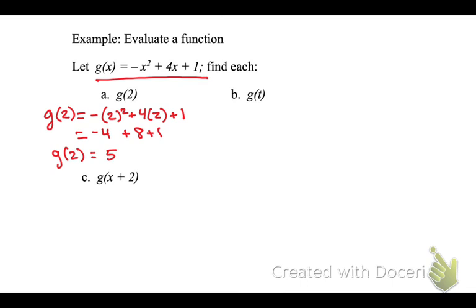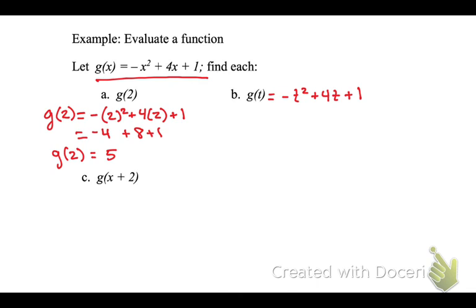Okay, now g of x is g of what? T. So what do the x's become? T. It doesn't matter what I put in there. You get me? So it's going to be negative t squared plus 4t plus 1. I don't have to have a number answer, do I? Nope.